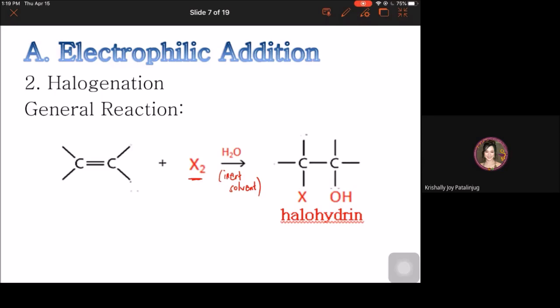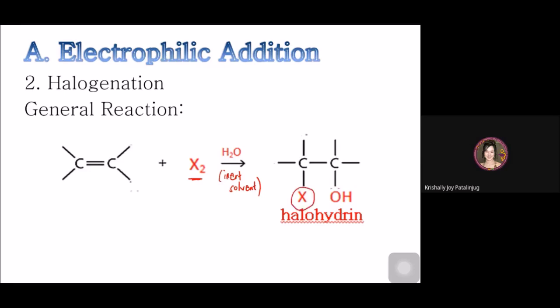So if water is used as the inert solvent to support the activation process of the halogenation reaction, this time only one halogen, only one electrophile, will be added to one double bond carbon. Then the other double bond carbon will be added with a hydroxyl from the water solvent.